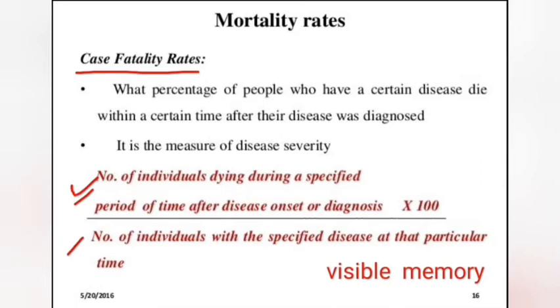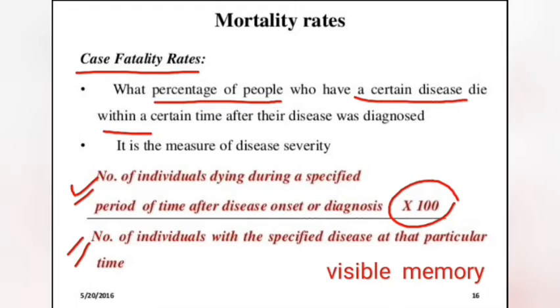And here we will use a multiplier of 100. So it is a proportion, meaning it will tell us the percentage of the people who have a certain disease and die within a certain time after their disease was diagnosed. So it will also tell us disease severity and the killing power of that disease, meaning how fatal a case with the specific disease would be for us.